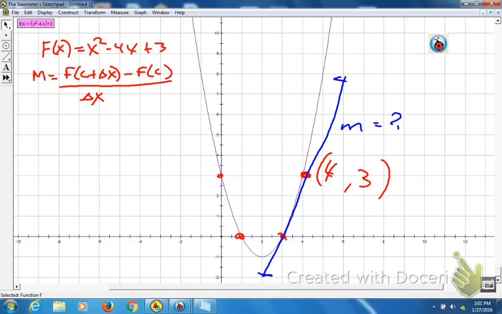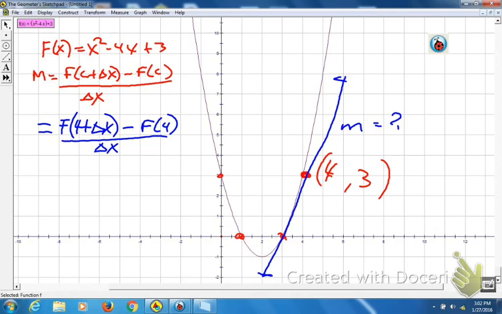So now to find the slope, we're going to go ahead and substitute in. Let me go to blue. So this is going to end up equaling f of 4 plus delta x, minus f of 4, and this whole thing will be divided by delta x.